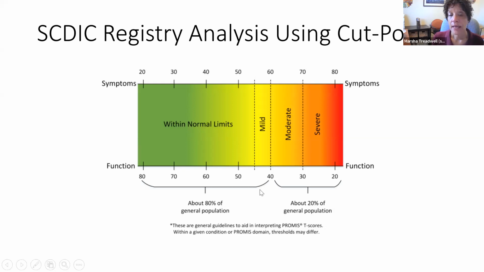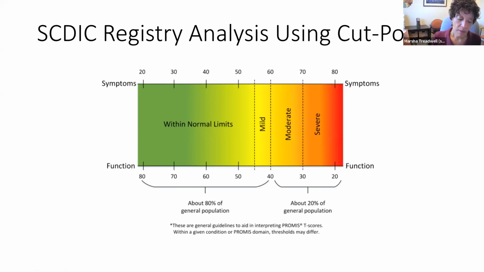We expect that about 20% of the population is going to be more than a standard deviation beyond the mean, so that they have moderate or severe impairment, and that most people are not going to have an impairment in those domains.